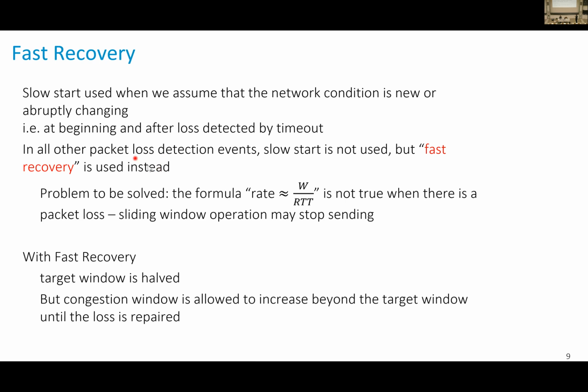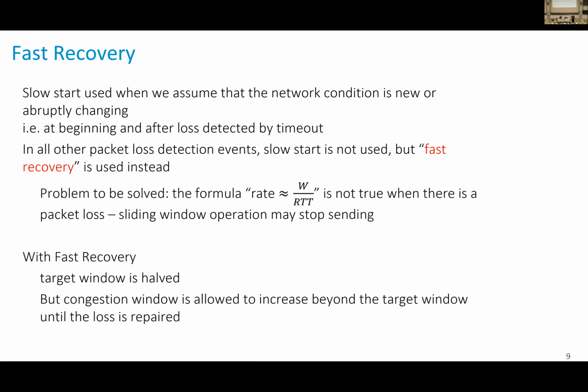Now, there is a problem with this that occurs in exactly this case, which is illustrated here. TCP controls the rate by controlling the window size. So when we want to reduce the rate, we reduce the window size, and this is based on this formula here. But this formula is true only in periods of time when there is no loss. What happens when there is a loss?